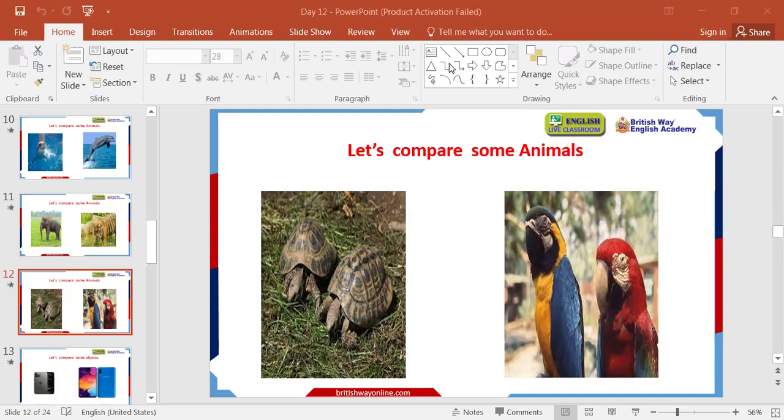Eagles fly faster than owls. Lions are stronger and heavier than rhinoceros. Kiwi is smaller than kangaroo. Cows are bigger than goats.